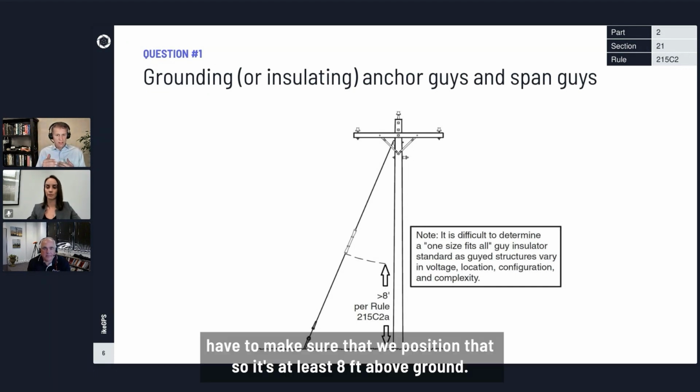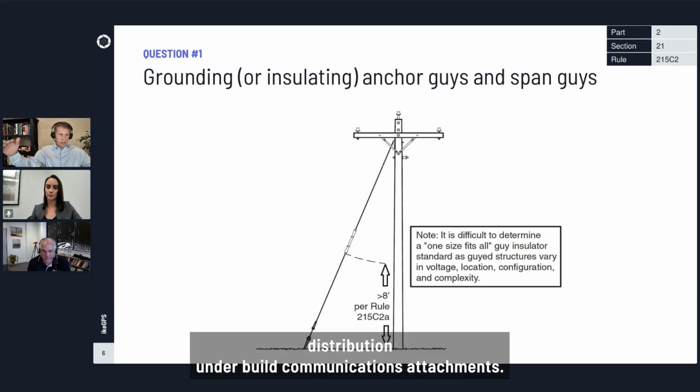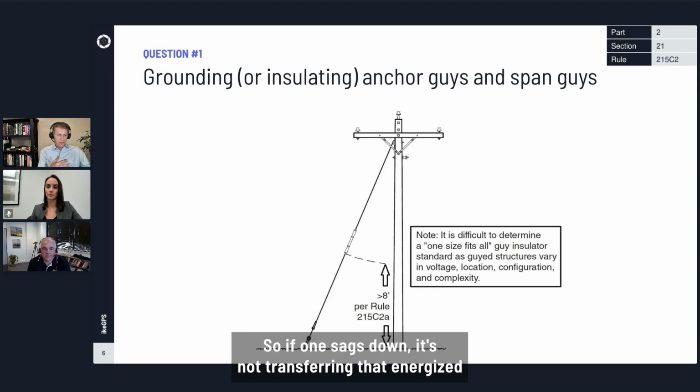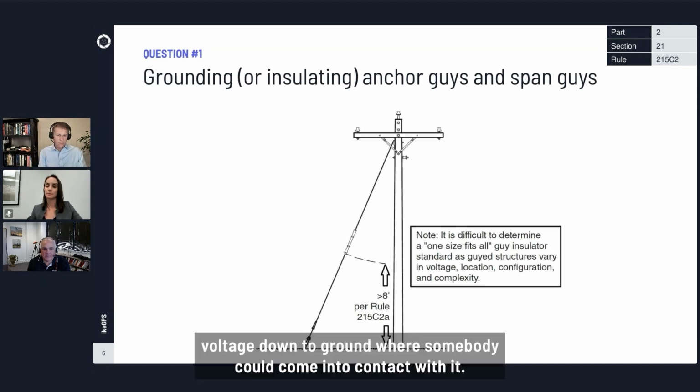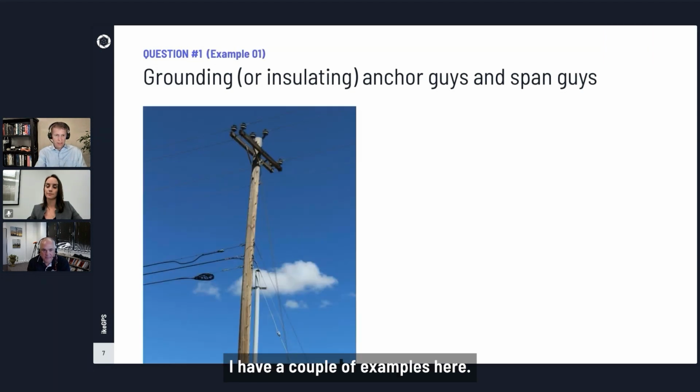We have to make sure that we position that so it's at least 8 feet above ground. It gets a little more complicated when you've got transmission, distribution, underbuild, and communications attachments. They all have guys, and we need to make sure those line up, so if one sags down, it's not transferring that energized voltage down to ground where somebody could come into contact with it. Here are a couple of examples.